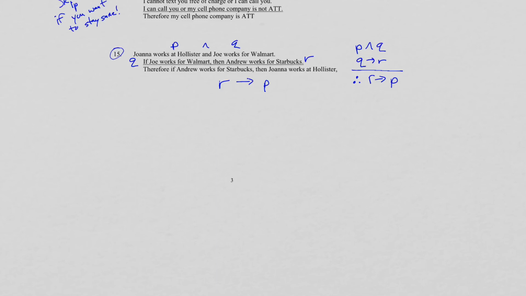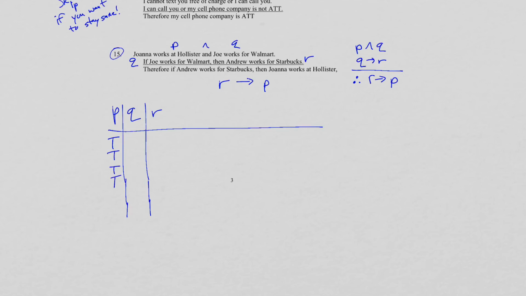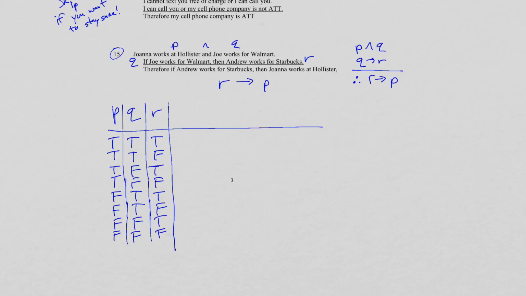All right. So let's do this one. So we have P, Q, and R. Okay, we have P, Q, and R. And these go together with and.